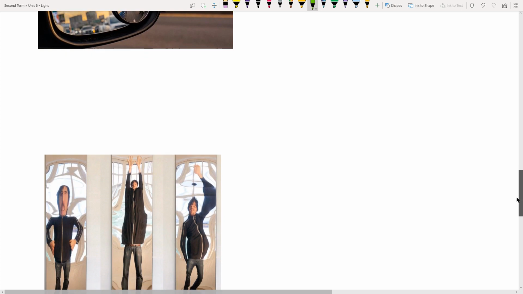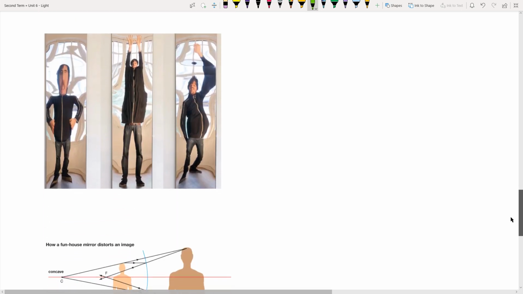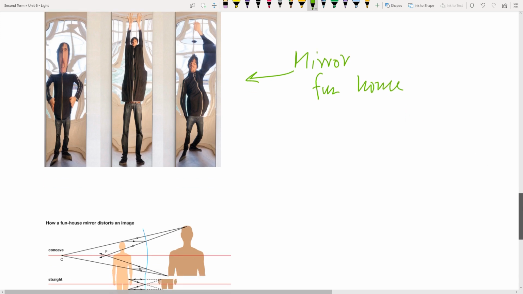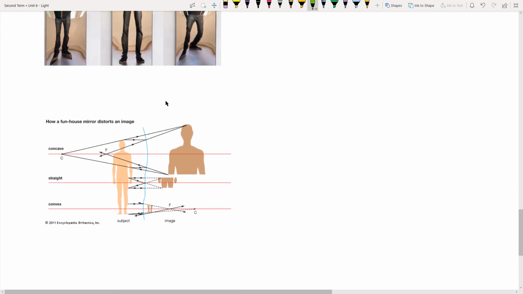Then we discussed these fun mirrors, or the mirror houses, the mirror fun house. So how does that even work? How we get different shapes is that we use a combination. As I discussed in the class, we use a combination of these curved mirrors, in which we have the plane mirror, which gives you the same size image.